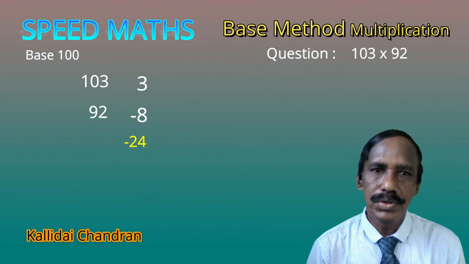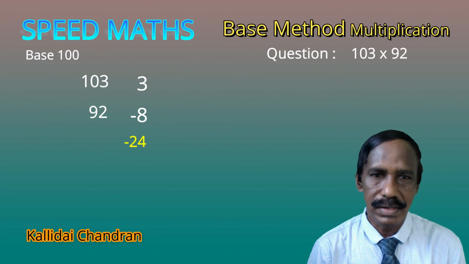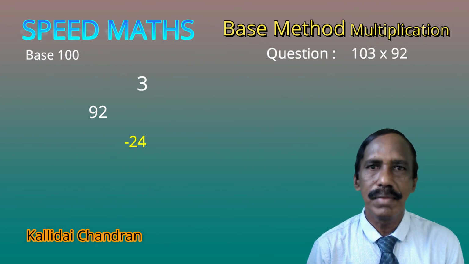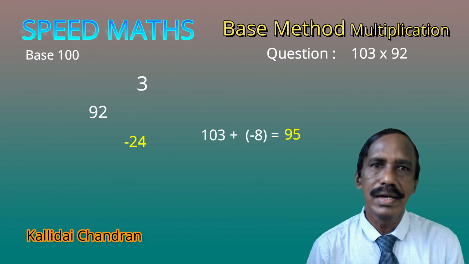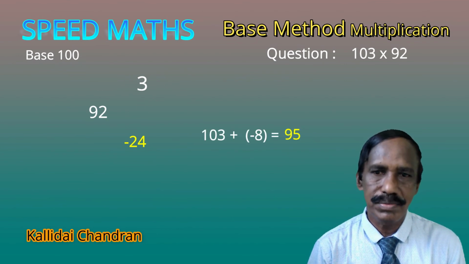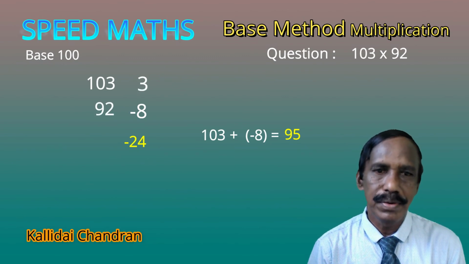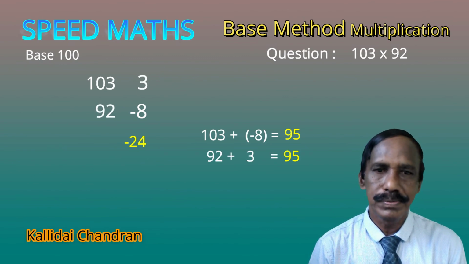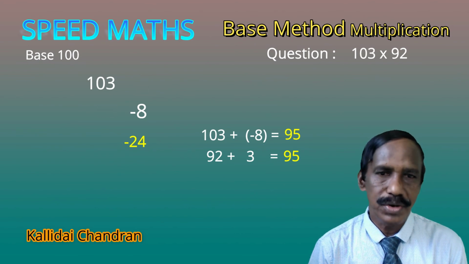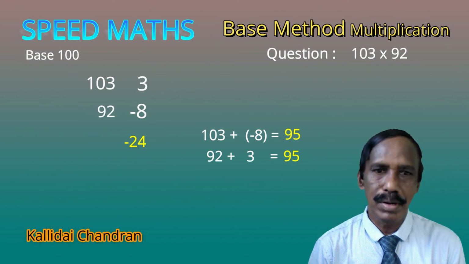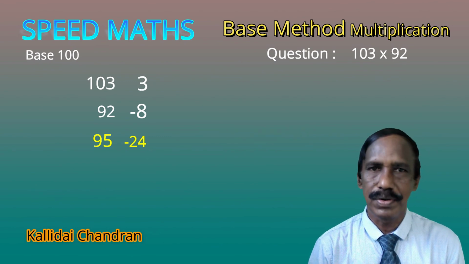Now you cross add 103 and minus 8, similarly 92 and 3. So 103 minus 8 comes to 95. Similarly 92 plus 3 also comes to 95. So we have to write 95 below 92. Here also again we are facing the same problem of the minus figure of 24.